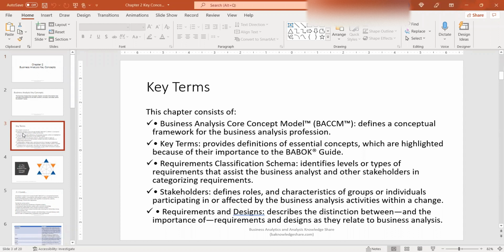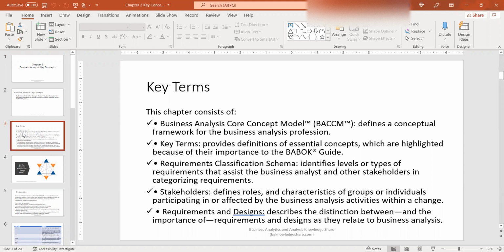Key terms to keep in mind are the business analysis core concept model, key terms, the requirements classification schema, stakeholders, and the requirements and design. The business analysis core concept model defines a conceptual framework for the business analysis profession.